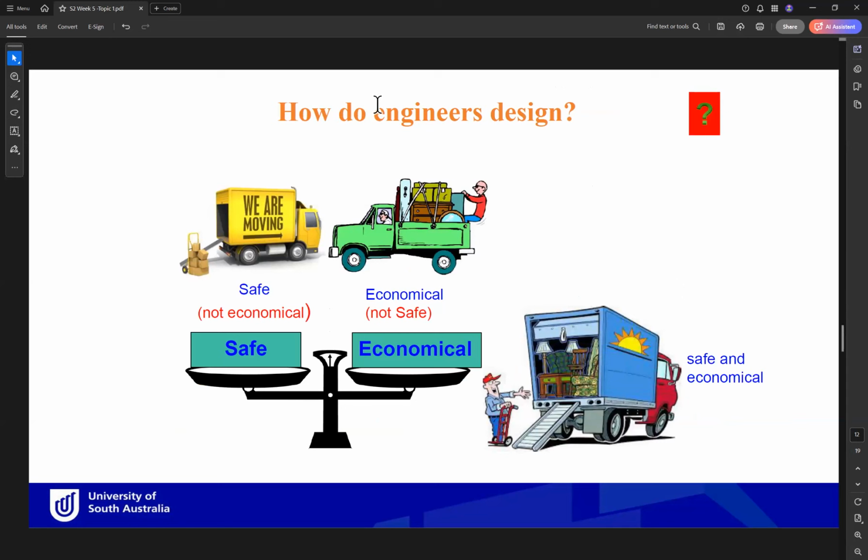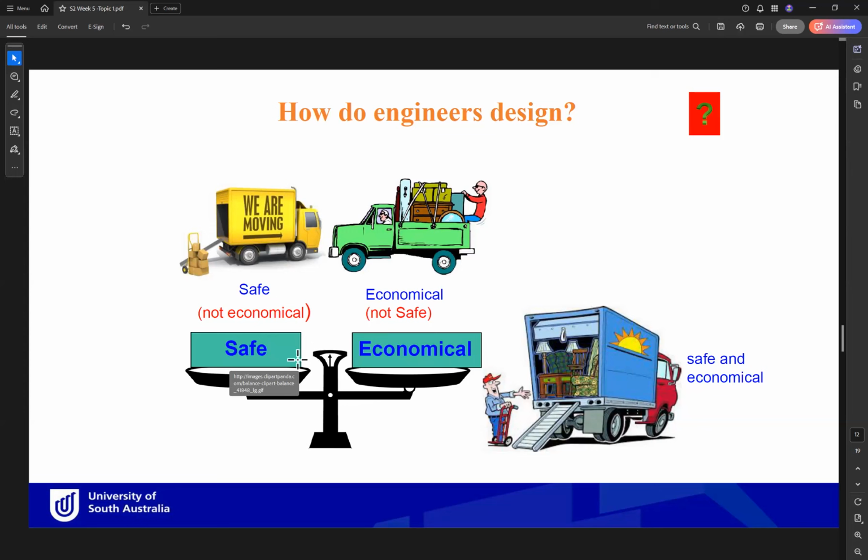The next topic is how engineers design. How does the design work? In design, we need to make a balance between safety and economical design. You can make a safe design, like putting the biggest cross section for any element, which will be safe, but it will not be economic.